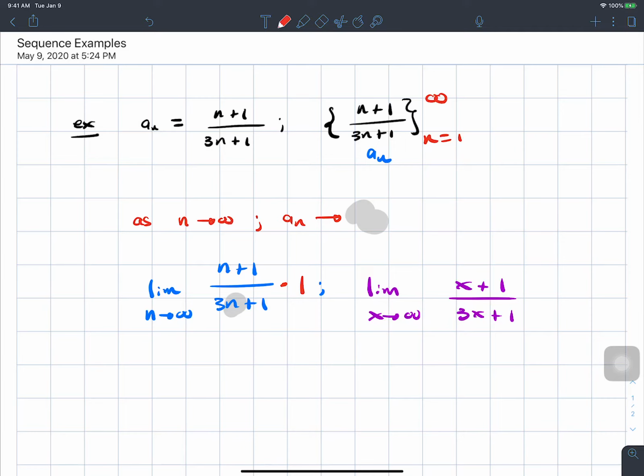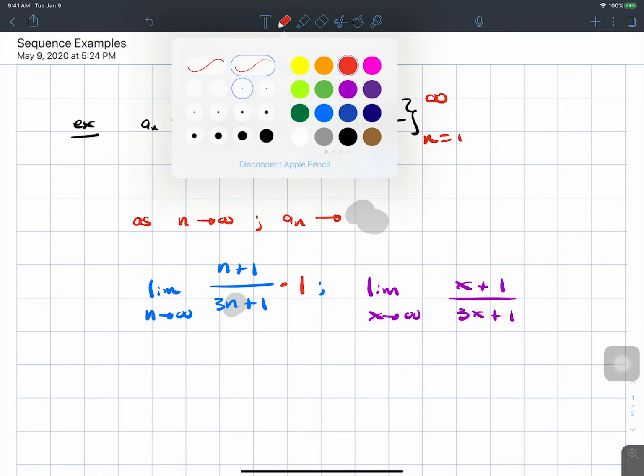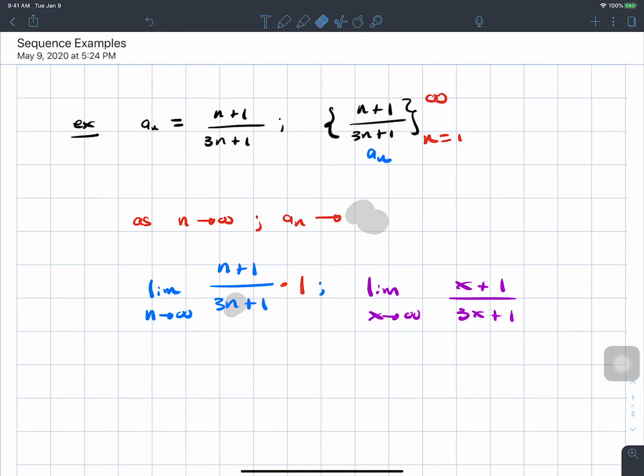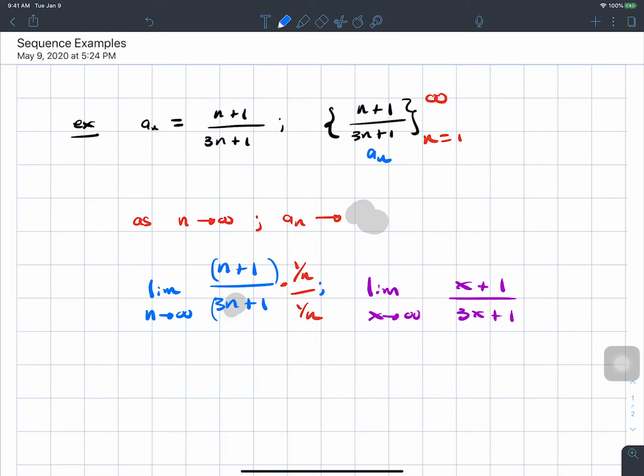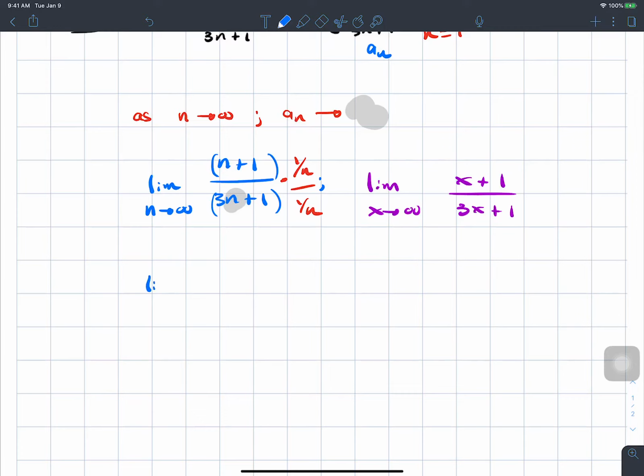And 1 can be replaced with (1 over n) divided by (1 over n), which is 1. That's exactly the same as saying divide every term by the variable with the highest power in the denominator, because you're distributing. So they're all divided by n.